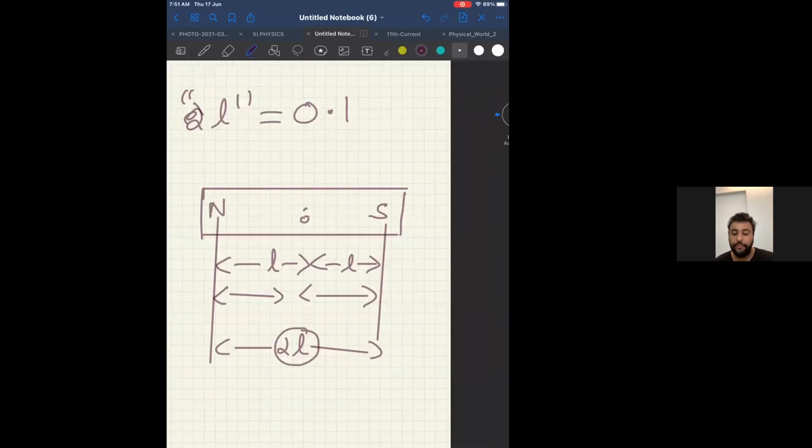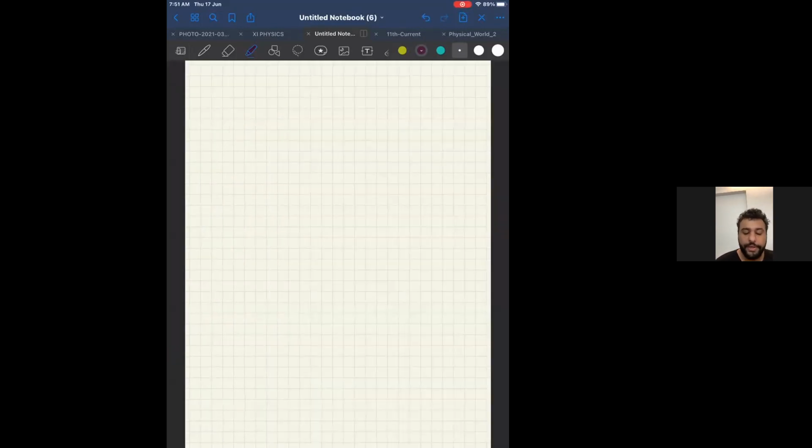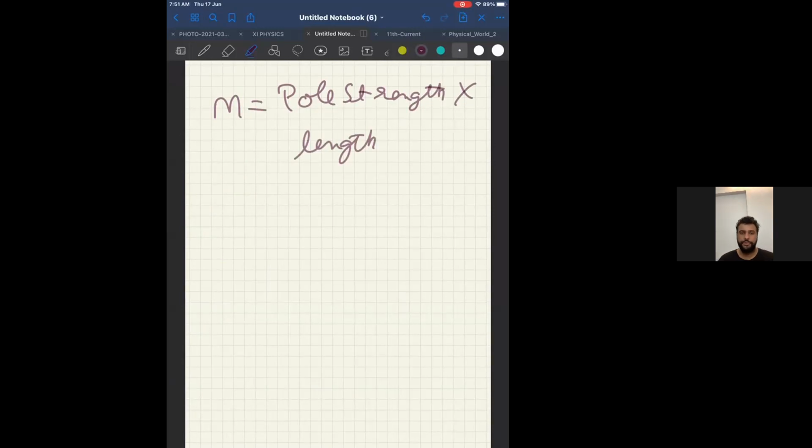Or if you're getting confused with the notation, check over here. What many students do, they get confused. They write magnetic moment is equal to, they write it in words, pole strength into length, then I don't think you'll get confused. Now, pole strength into length, if I take it in symbols, pole strength is Qm and length of a bar magnet is 2L.